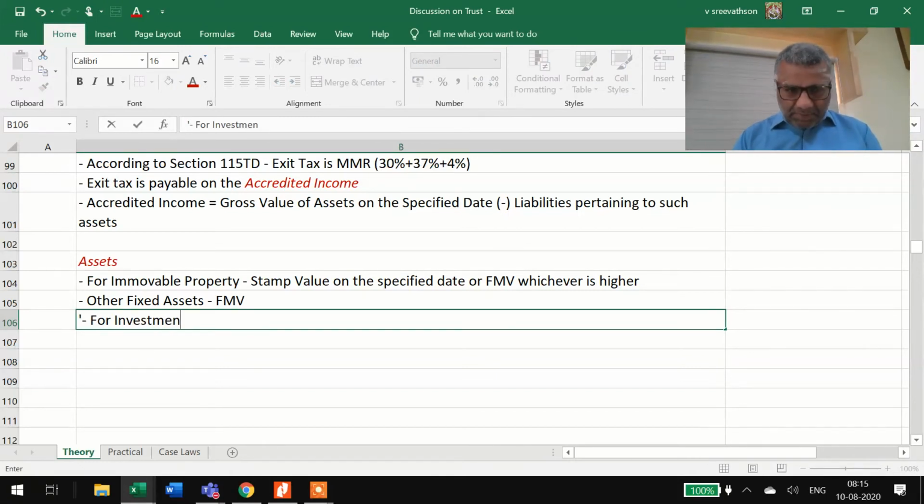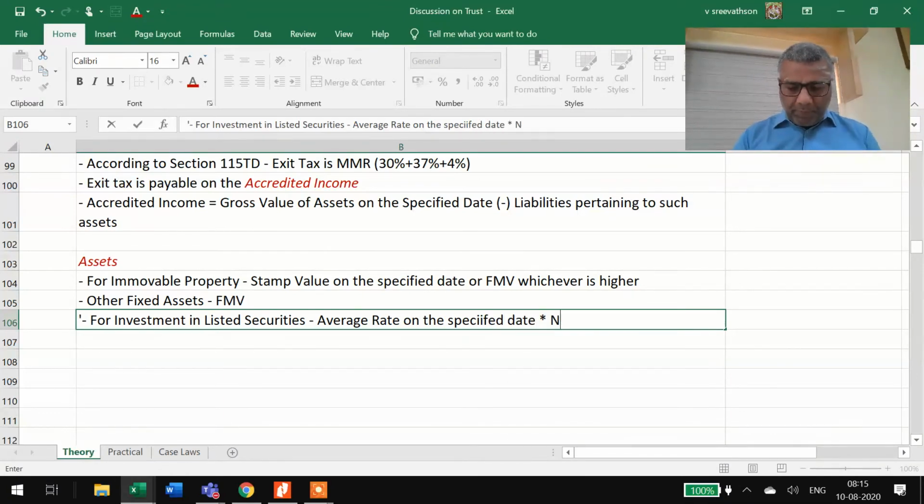For investment in listed securities, average rate on the specified date into number of securities held.